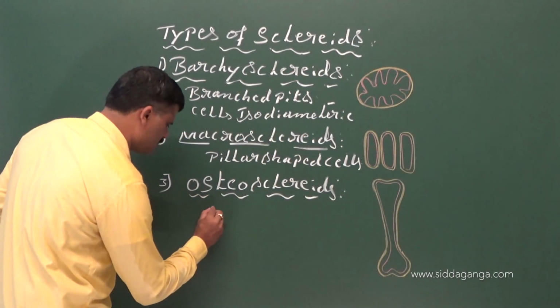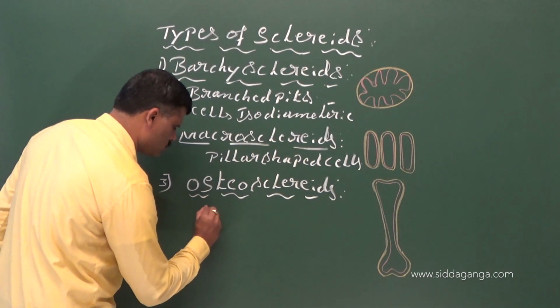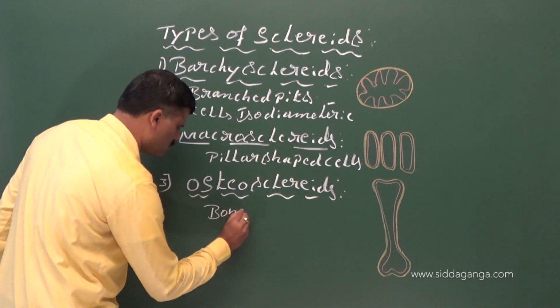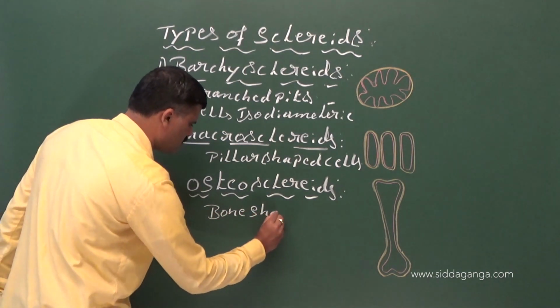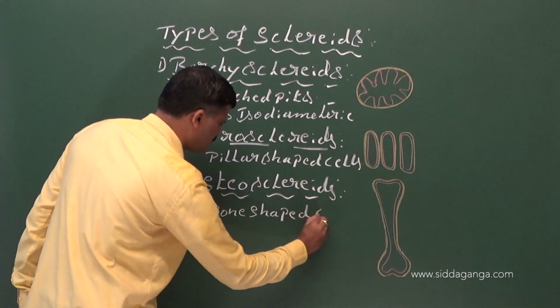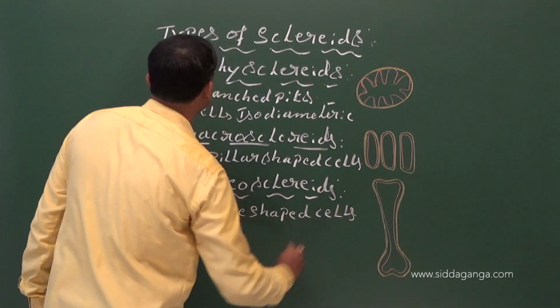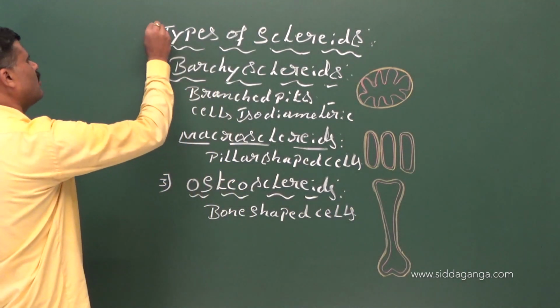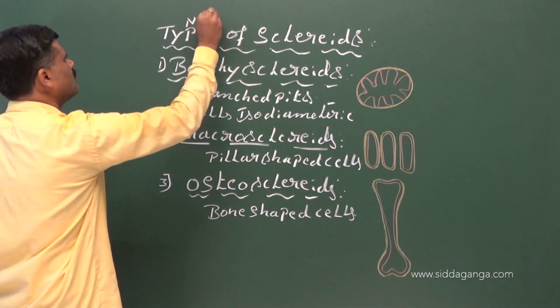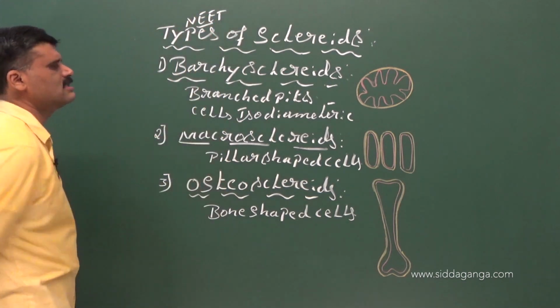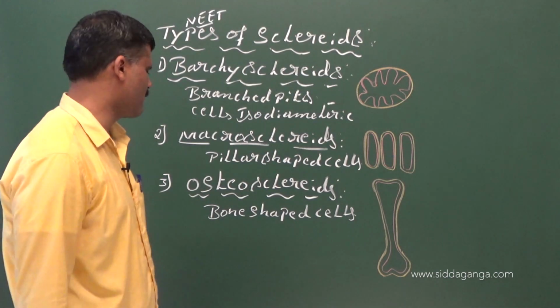Osteo means bone, so bone shaped cells. See, the types of sclerites are very important for competitive exams, not for theory exams.